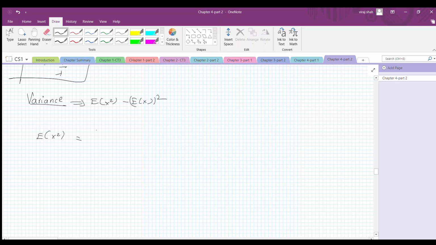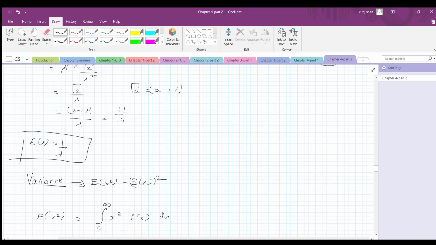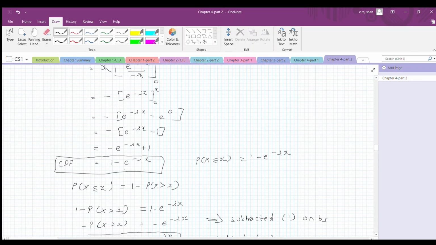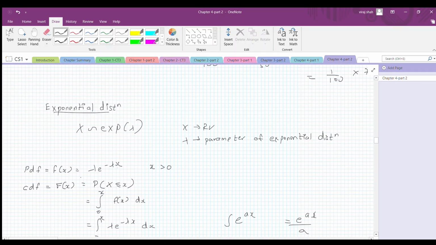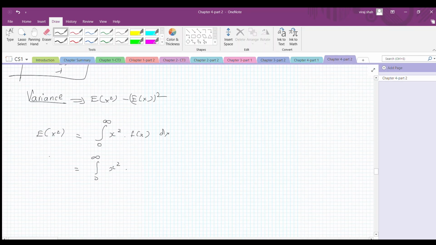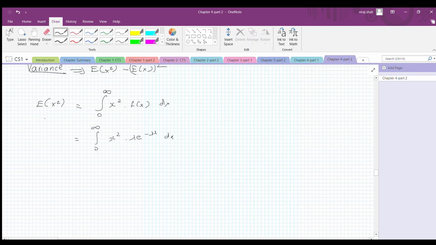It would be nothing but x square into f of x, integrated from 0 to infinity dx. What is f of x? If you see above, it is nothing but lambda e raised to minus lambda x, right? So let me write that now: lambda e raised to minus lambda x dx. These are similar steps as expectation, okay? Instead of just x, it is x square here.